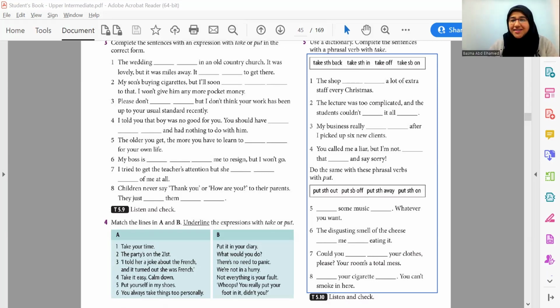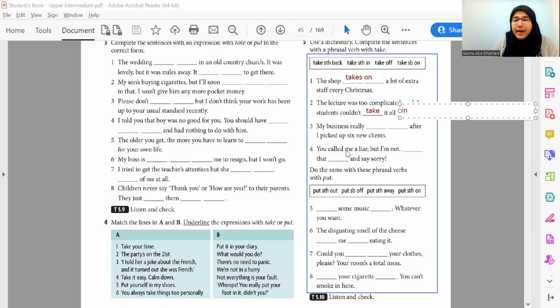All right, so let's do them together one by one, okay? So number 1, the shop takes on a lot of extra staff every Christmas. Very good. The shop takes on a lot of extra staff. Number 2, the lecture was too complicated and the students couldn't take it all in. Take it all in.